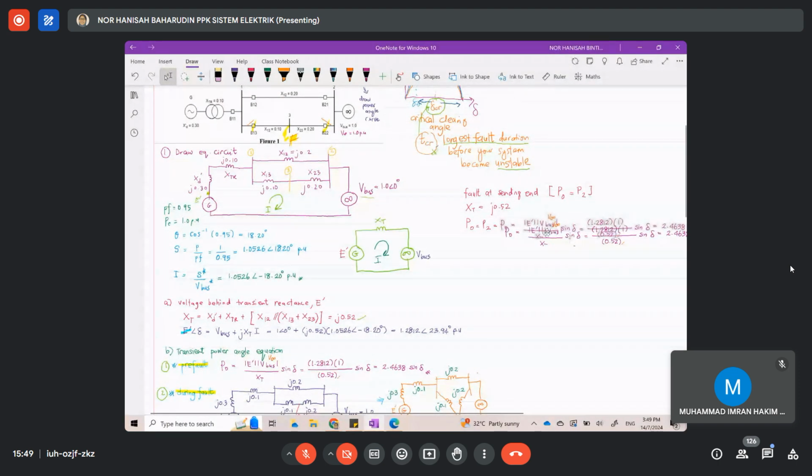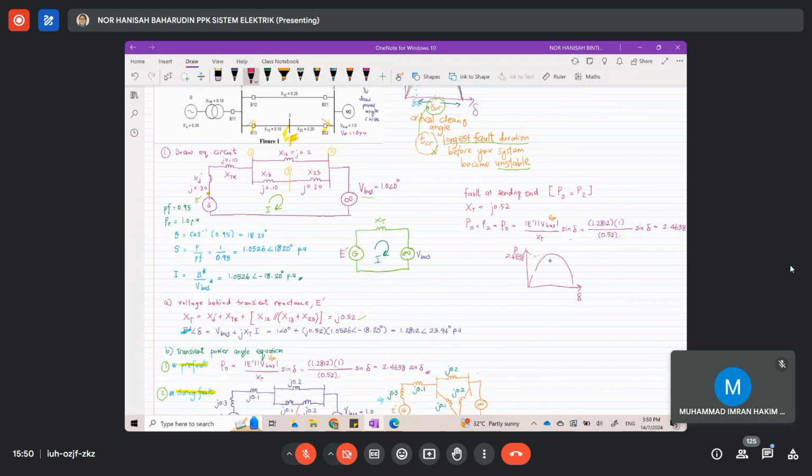Alright. So this is the answer if I ask you the fault occurs at sending end. And you should draw the power and rotor angle here, where the maximum power is 2.4638.